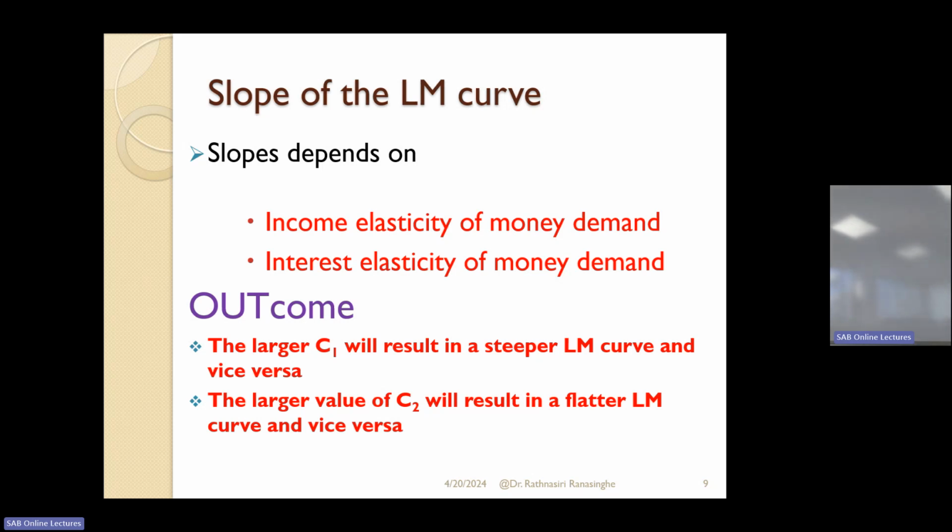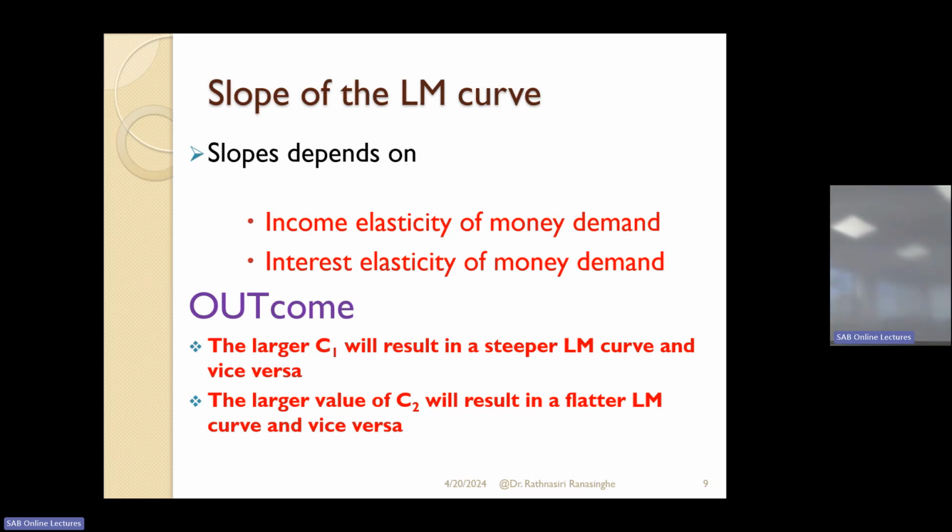The LM curve comes from money demand and money supply. The money demand curve is downward sloping, which depends mainly on income and the interest rate, and remember the transaction, precautionary and speculative motives that determine the money demand.